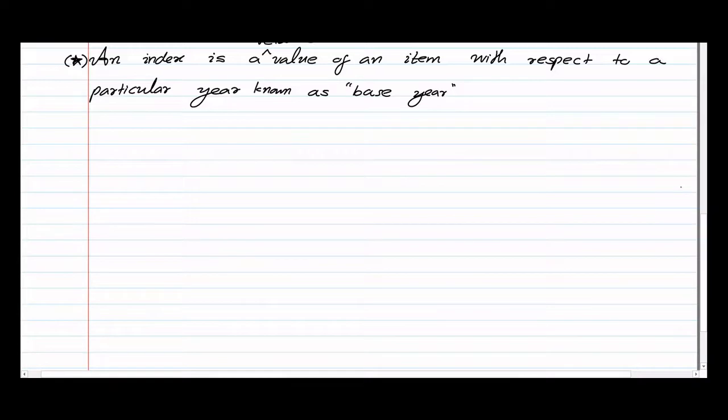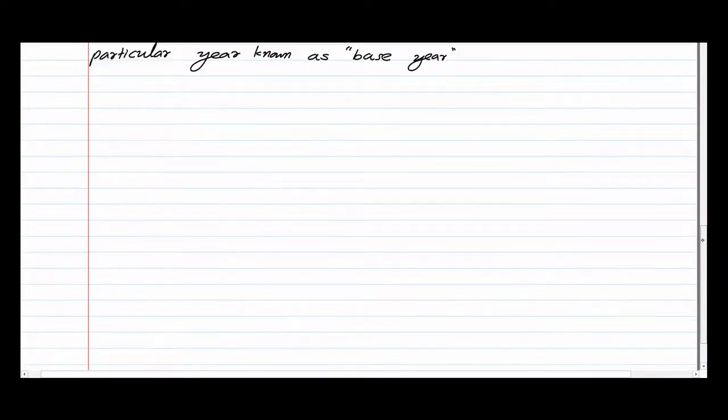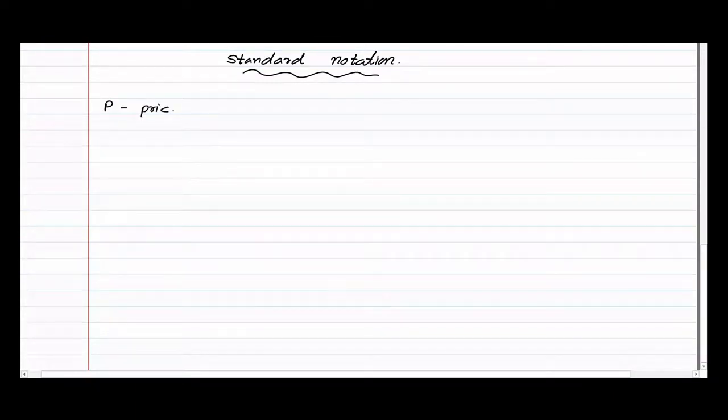Here we learn the price index and the quantity index mainly. So first you should know the notation. There is a standard notation to get them. We use P for price and Q for quantity.